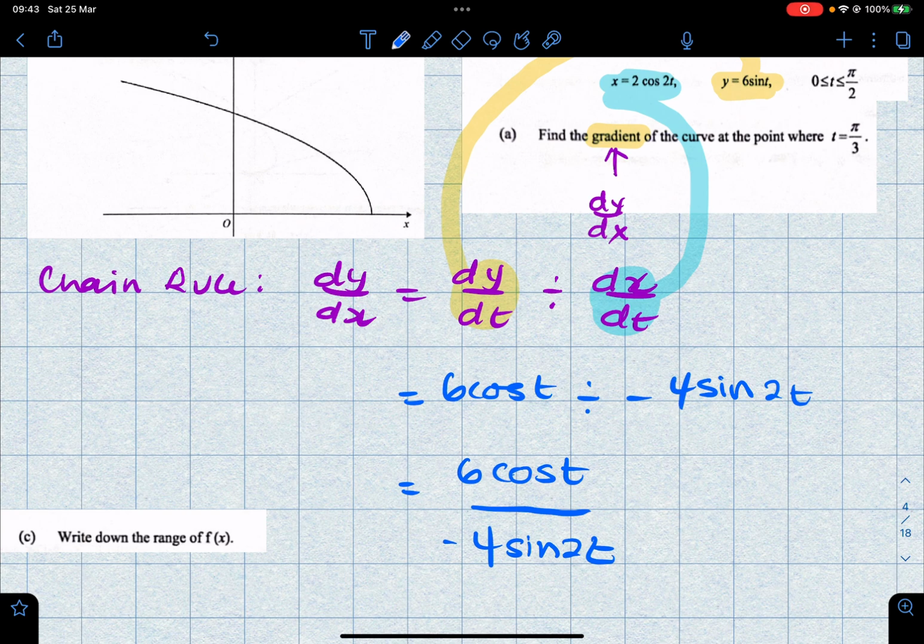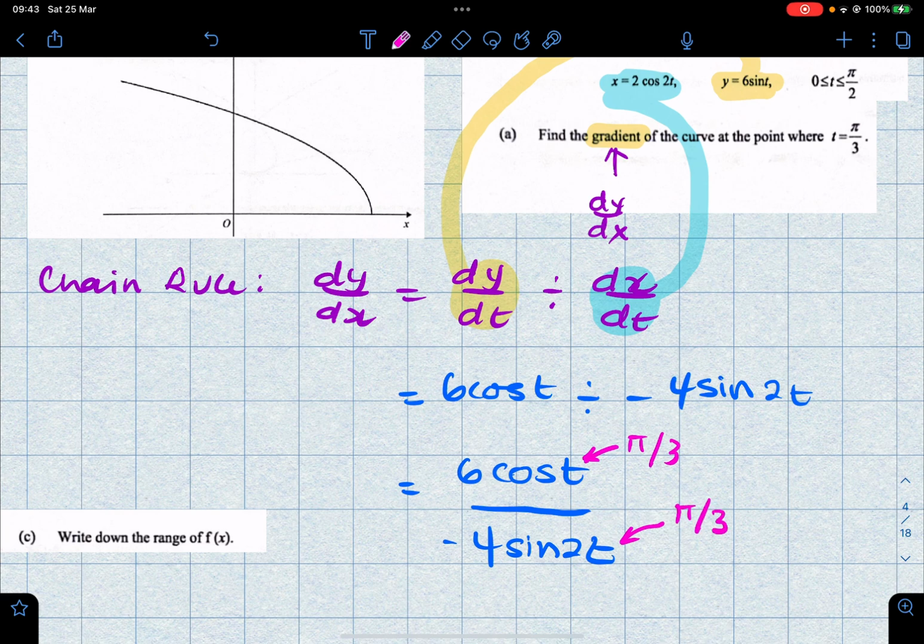But what they asked for was the gradient, and they gave us a point, t equals pi over 3. So we need to replace t with pi over 3.